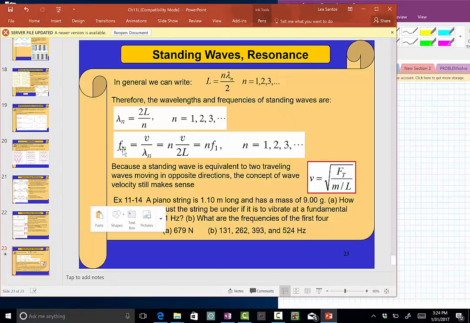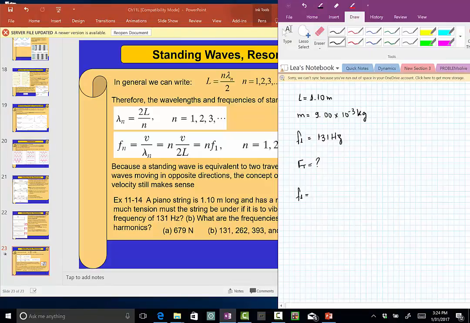If I put f1, I have 1 speed divided by 2L. Okay, so I'm going to write this. Frequency of the first harmonic is v, the speed, divided by 2L. All right, I have this frequency, I have L. With this equation, I can find the speed, the speed for the wave to propagate in this medium.